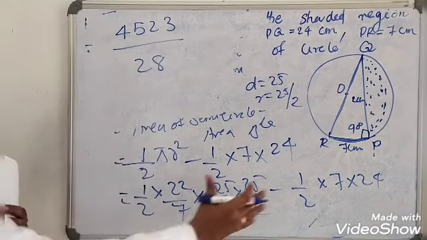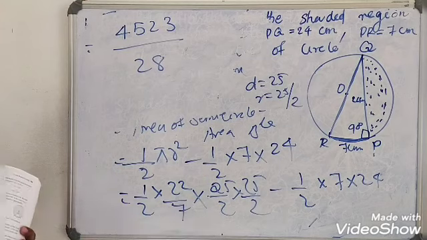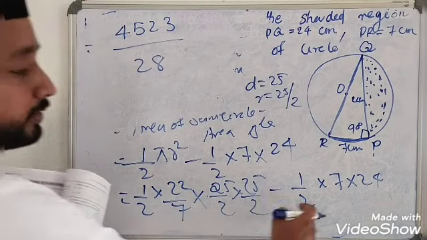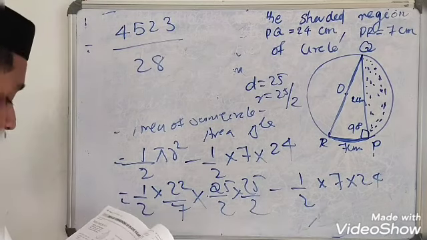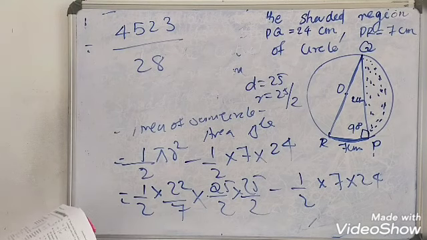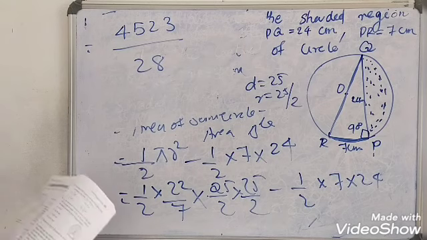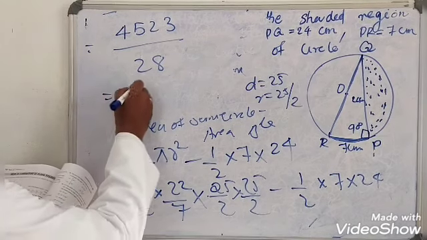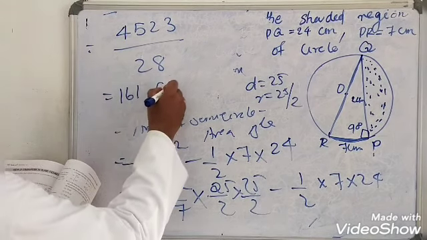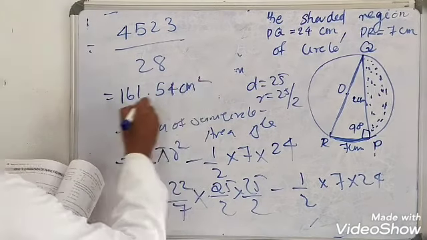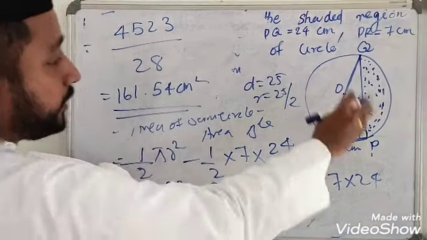You can do the calculations, multiplication and division. Some common things we can cut. Then we will get 4523 by 28, which is equal to 161.54 centimeters square. That is the area of this shaded region.